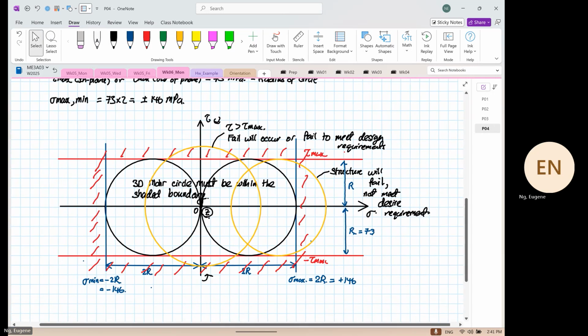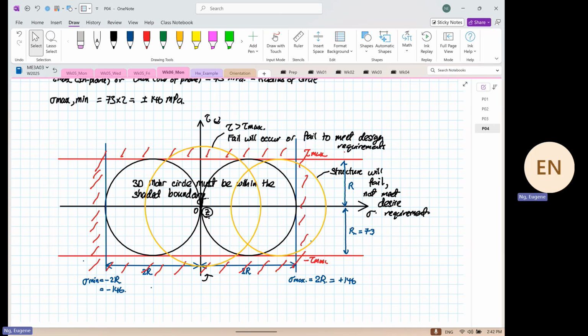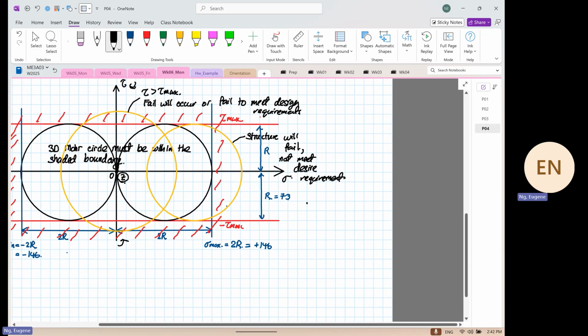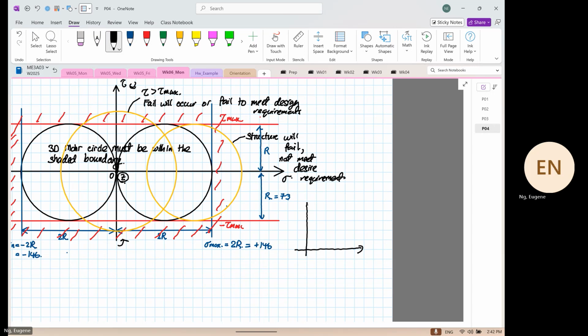Okay. So it must be within the confined boundary. Okay, confined shaded boundary. Okay. So this is where we combine stress yield to what?